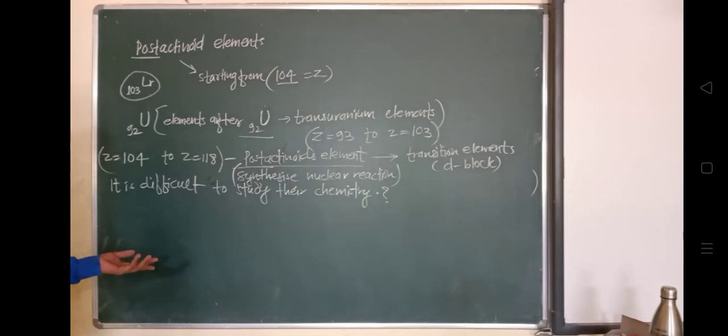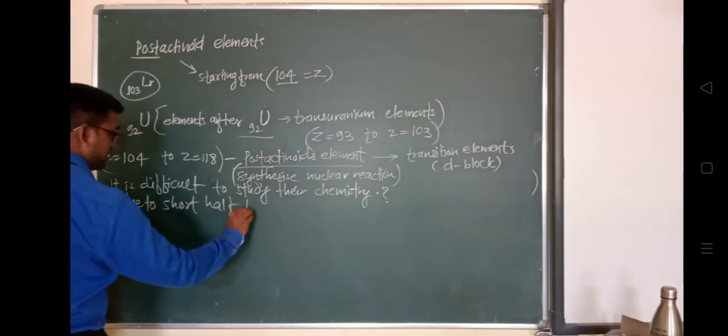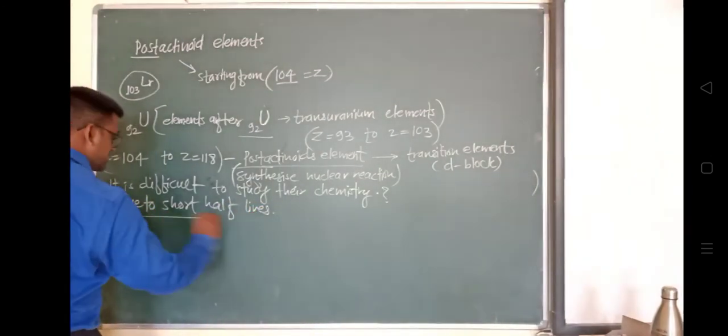With such a very short half-life, it is difficult to study their chemistry. The elements present after actinoids are called post-actinoid elements. Their study is very difficult due to their short half-lives.